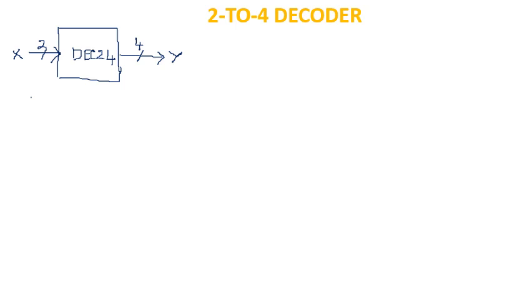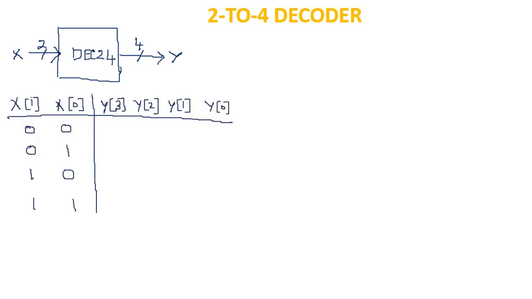x1 and x0. The truth table of the 2 to 4 decoder looks like this. Here x1 is the most significant bit and x0 will be the least significant bit. So when x1 and x0 are 0 0, only one of the output lines will be active, and that will be y0.